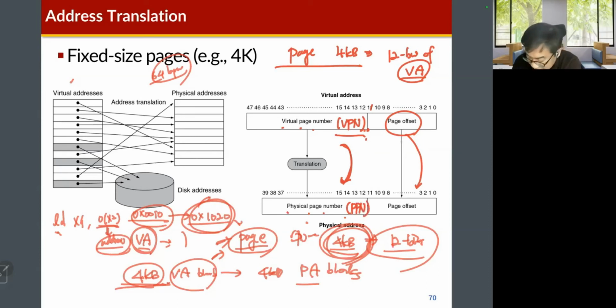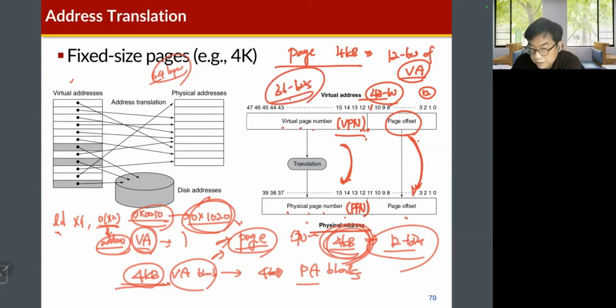In this example, the virtual address space has 48-bit addresses. Among these 48 bits, the lower 12 bits are directly copied to the lower 12 bits of the physical address. So this upper part has 36 bits.